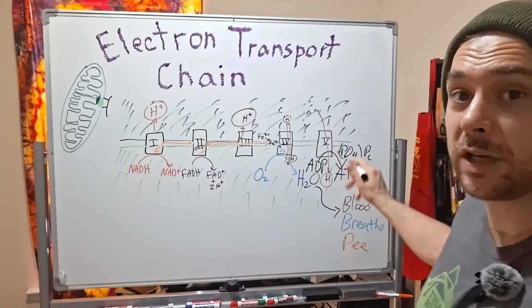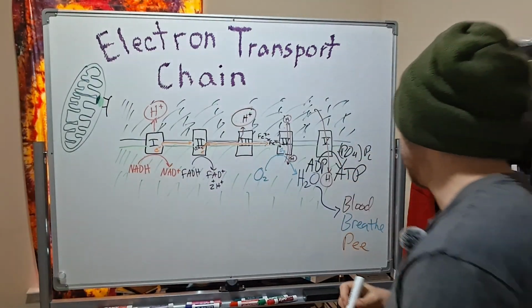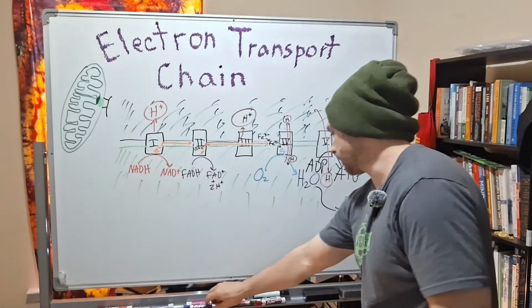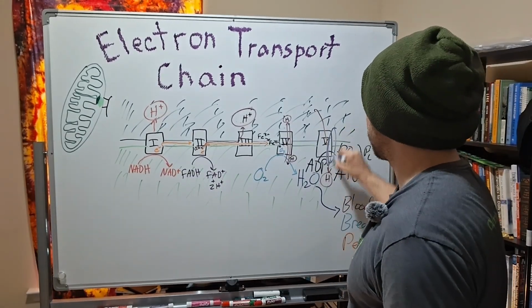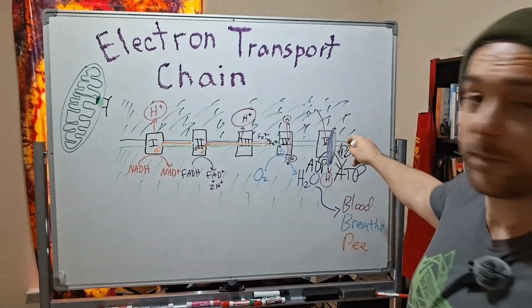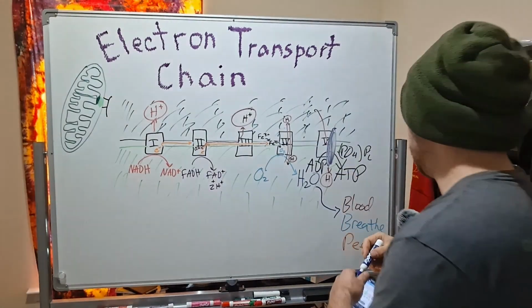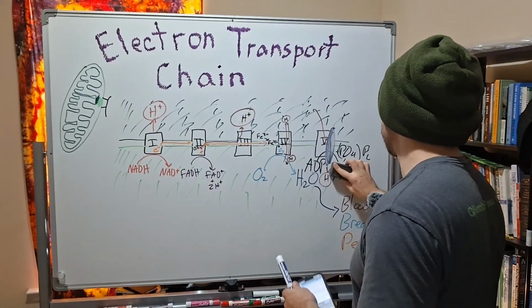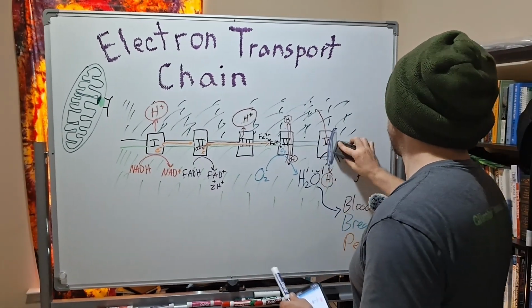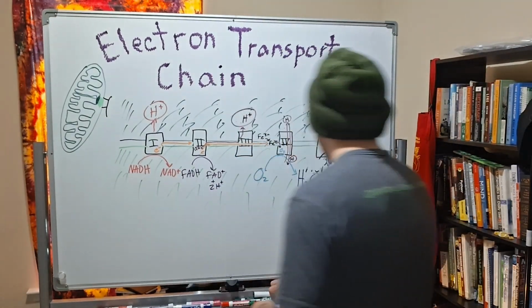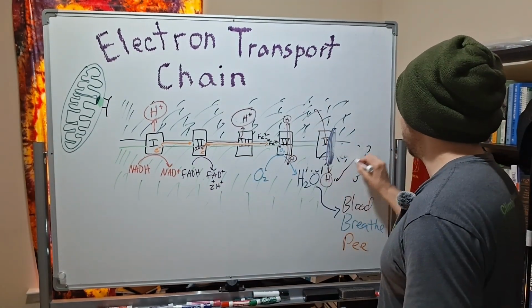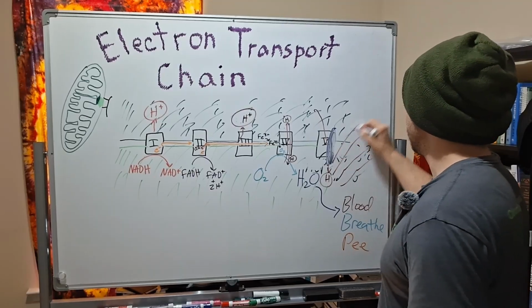If this ATP synthase is uncoupled, if there is an enzyme on here that uncouples this, then ATP is not formed. And instead, the hydrogen comes out, and can you guess what we get? We get heat.